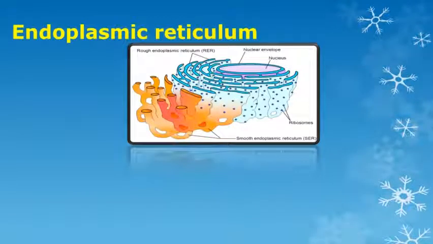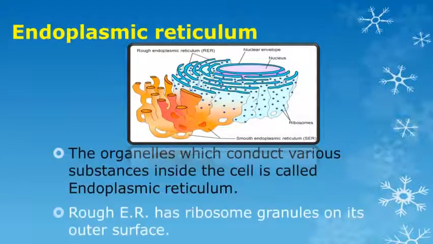The endoplasmic reticulum has a net-like structure consisting of interconnected miniature tubes and sheets filled with fluid. It is connected to the nucleus on the inner side and to the plasma membrane on the outer side. That means it is present near the nucleus. The rough endoplasmic reticulum has ribosome granules on its outer surface. So what is a ribosome? It is a sphere-shaped structure composed of RNA, that means ribonucleic acid, and protein.